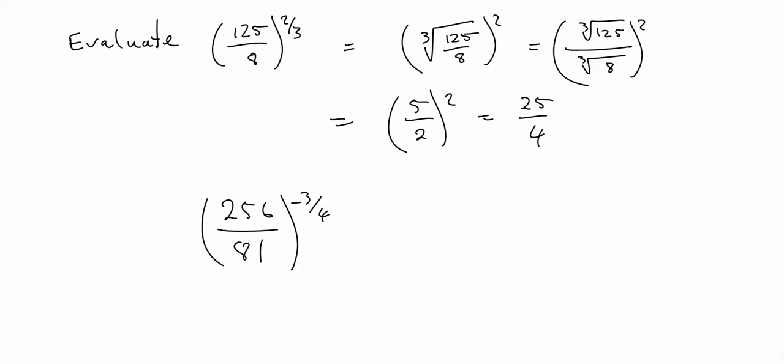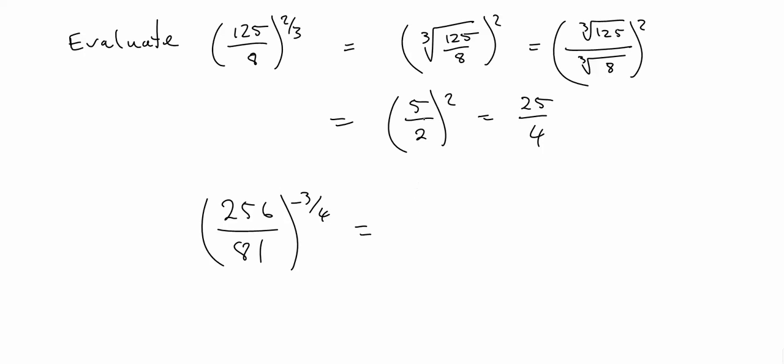If we have a negative fraction in the index, like this one, 256 over 81 to the power of minus 3/4, then the negative, the minus, we can make it positive by having the reciprocal, if we remember.